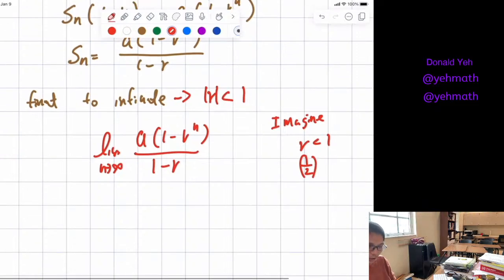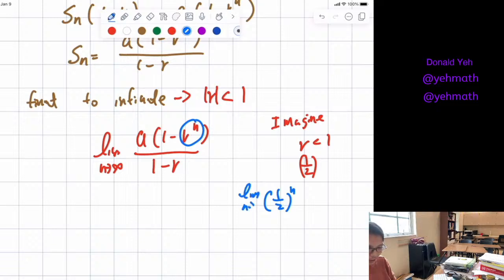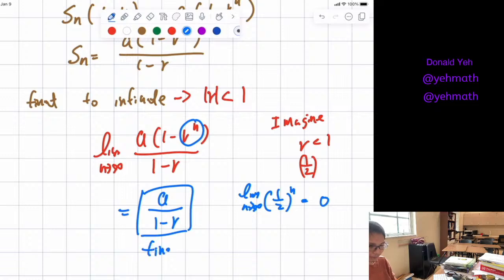So we worry about this particular part. If we have 1/2 to the n, and with the limit as n approaches infinite, what will happen? Zero, right? So would that be a over 1 minus r? And this becomes an infinite series.